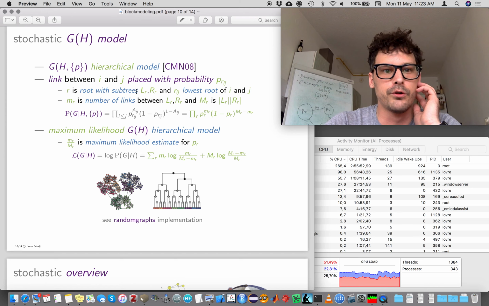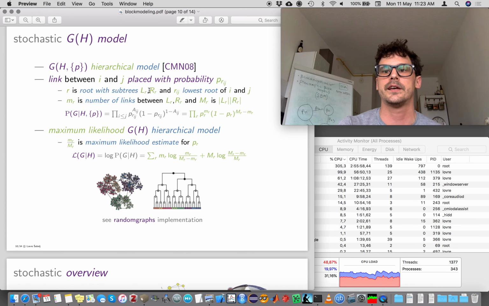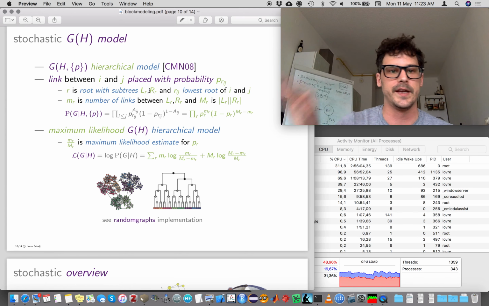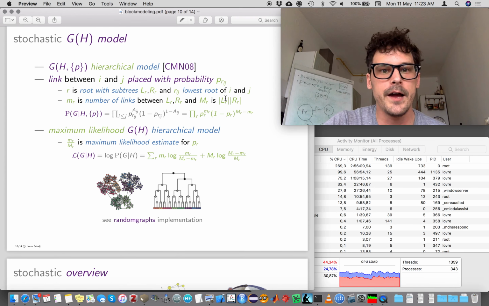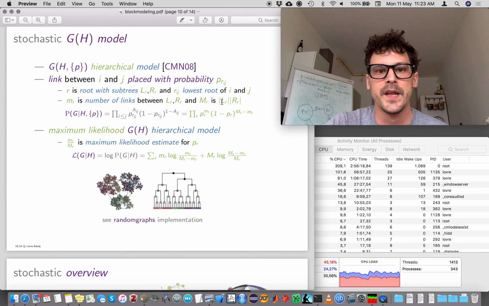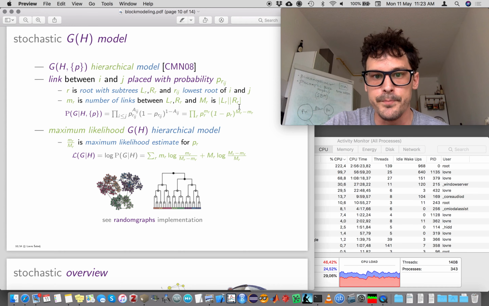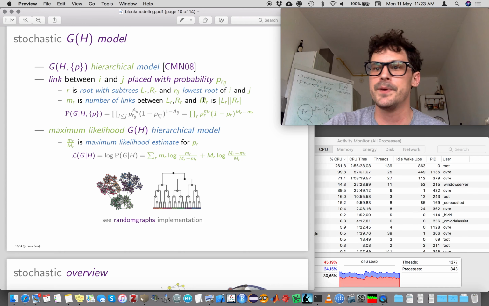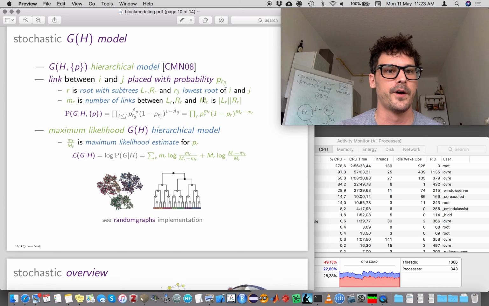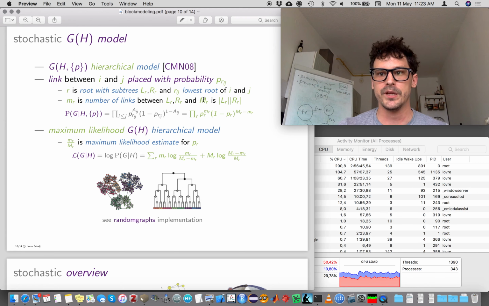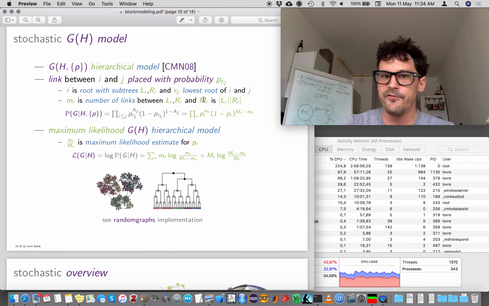For each root, it's a binary tree, so it has two subtrees, the left subtree and the right subtree. The product of their sizes is simply the maximum number of links that can appear between the subtrees L and R, as before.